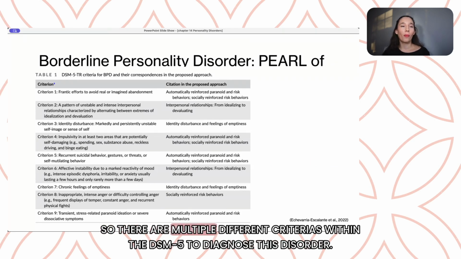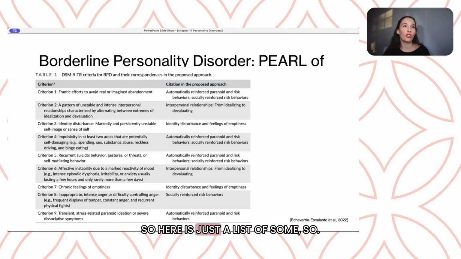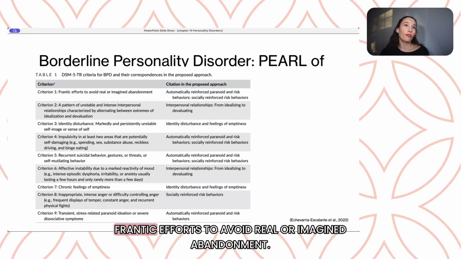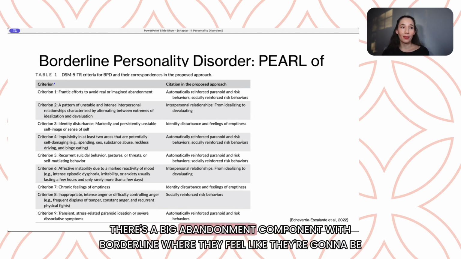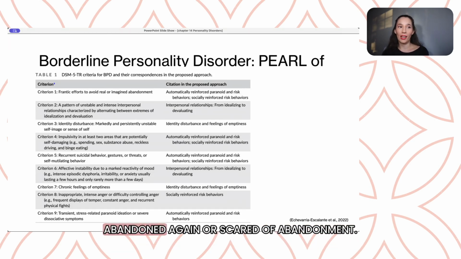So there are multiple different criteria within the DSM-5 to diagnose this disorder. So here is just a list of some. Frantic efforts to avoid real or imagined abandonment. There's a big abandonment component with borderline, where they feel like they're going to be abandoned again or are scared of abandonment.